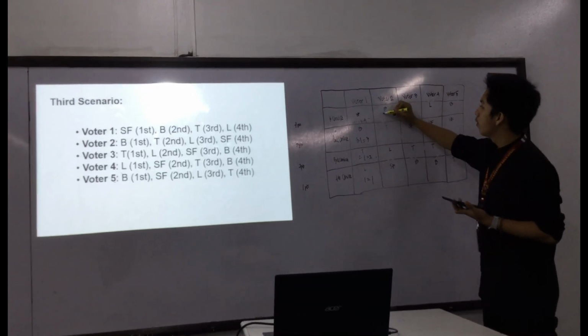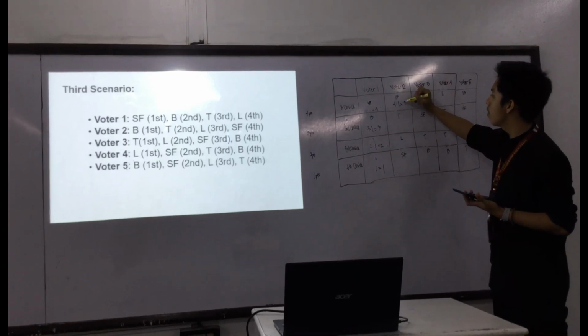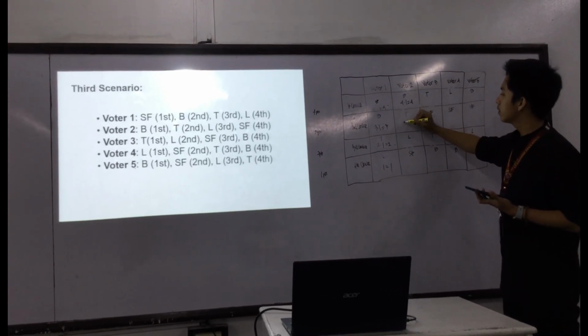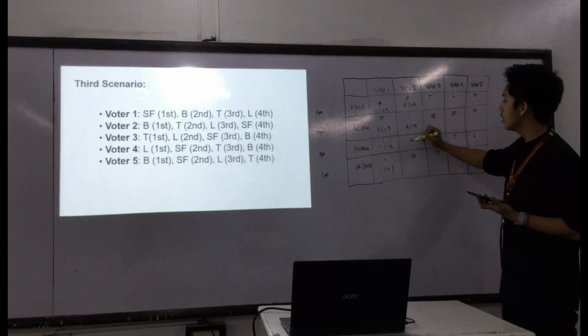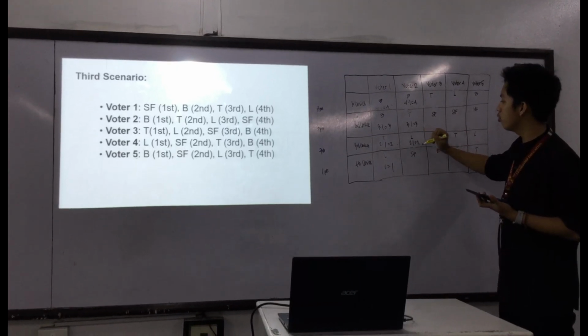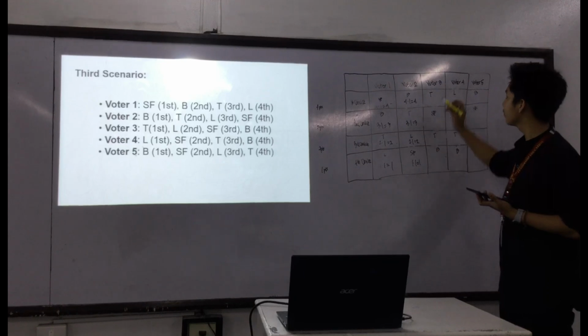4 times 1 is equal to 4, 3 times 1 is equal to 3, 2 times 1 is equal to 2, then 1 times 1 is equal to 1.